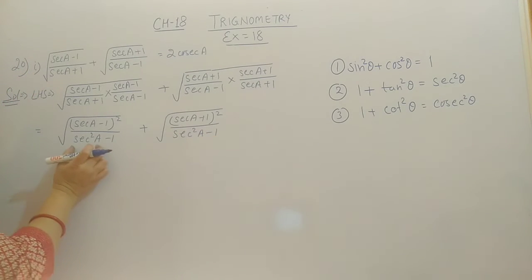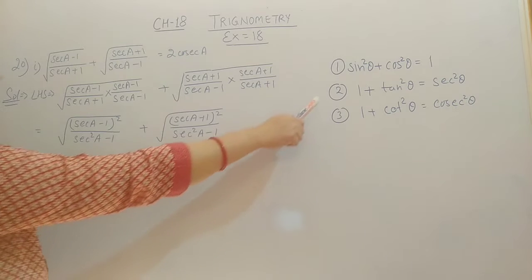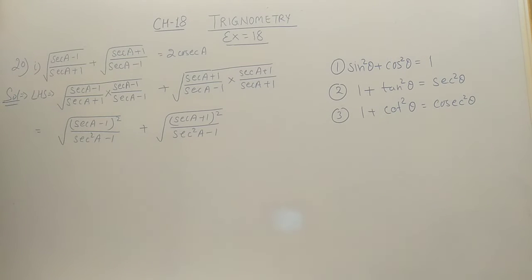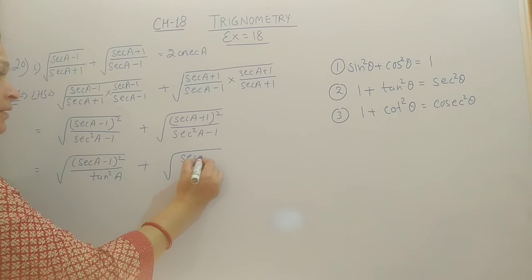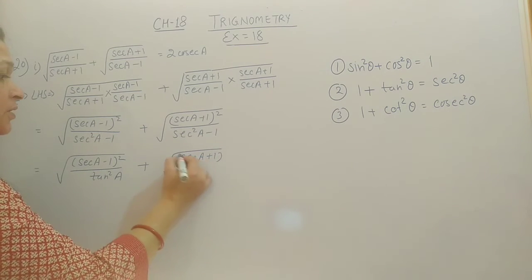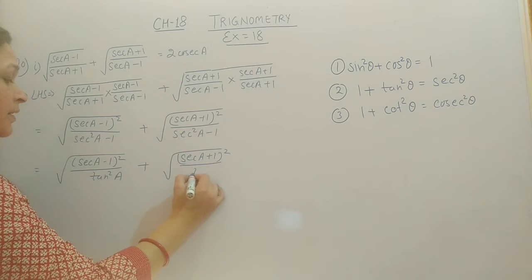This sec square A minus 1, with the help of the second identity, we can write as tan square A. So it will become (sec A minus 1) whole square by tan square A plus this second one, (sec A plus 1) whole square by tan square A.